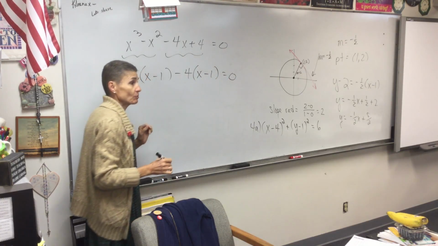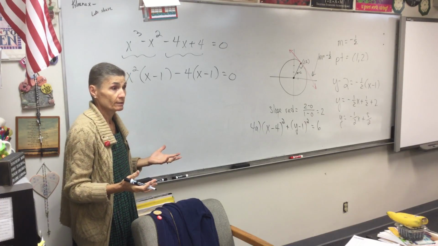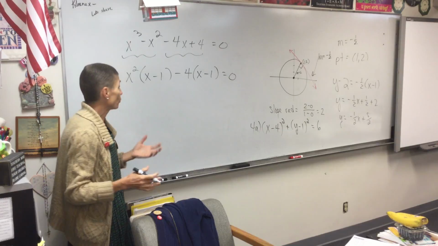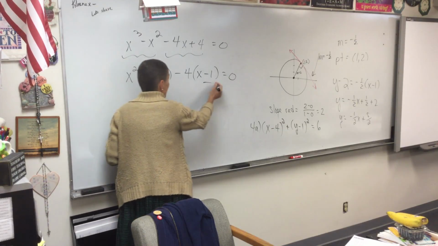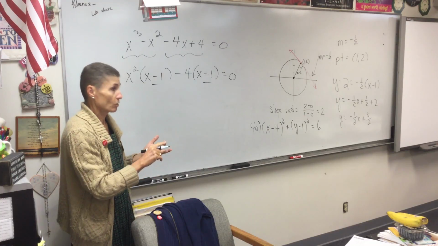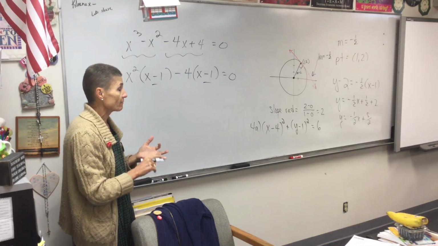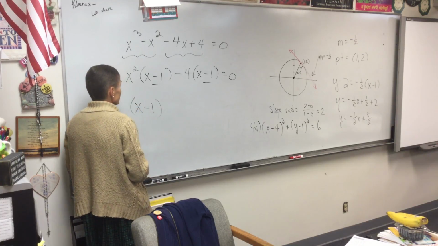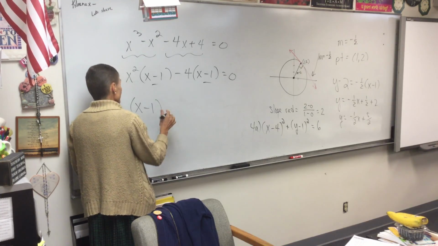Now, if factoring by grouping is going to work, and like all factoring, it doesn't work all the time, these have to match, right? If those don't match, you either did it wrong or it doesn't work. They do match, so I'll write them down. And then I'll write down everything else.